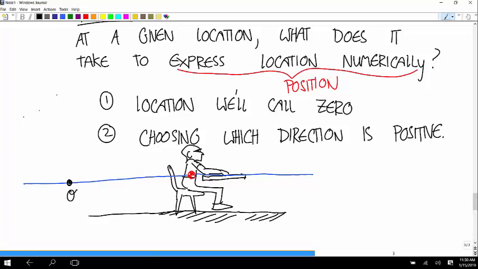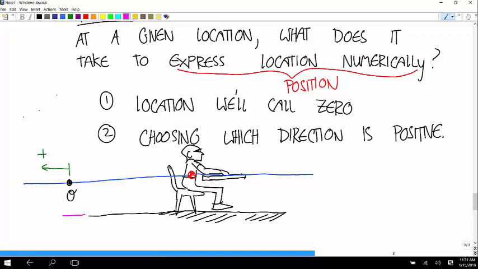I'll write that as an O, like origin. And then we have to choose along this line which direction we're going to call positive and which one we're going to call negative. And it doesn't matter which one, so I'm going to choose positive this way. And then now that we've chosen the 0 position and the positive direction, we can just count off the distance.